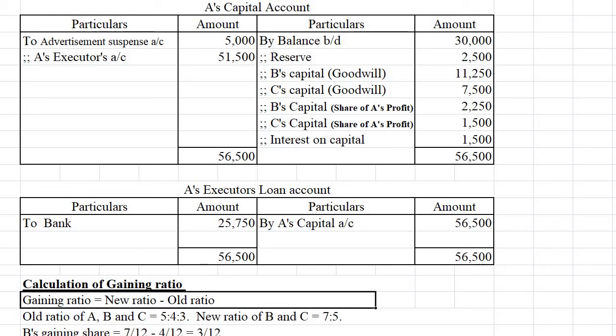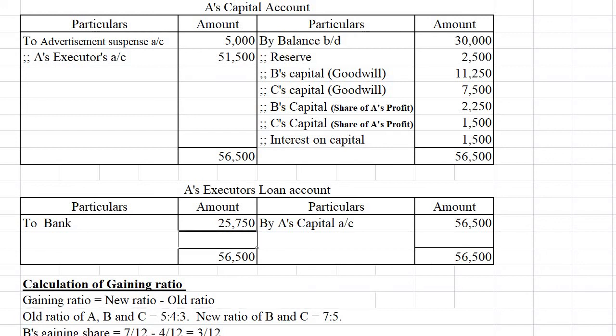And 25,750 half we have paid, and remaining half is there. That in the adjustment it is given that it should be transferred to the loan account. So here, since it is loan account, we can show here as to balance carry down. That means that much amount will be given later. Okay, so this is the question and the solution.